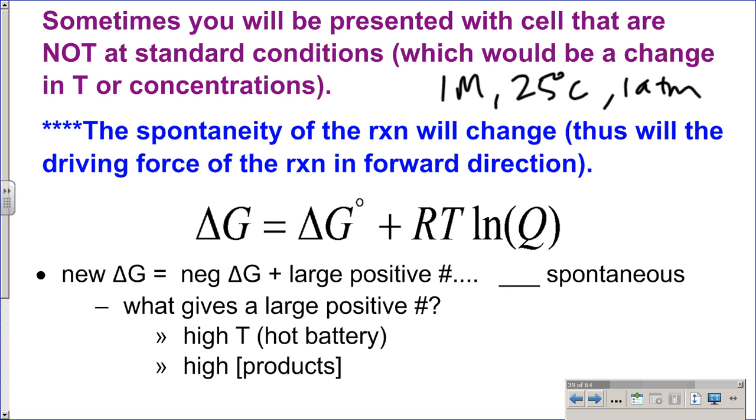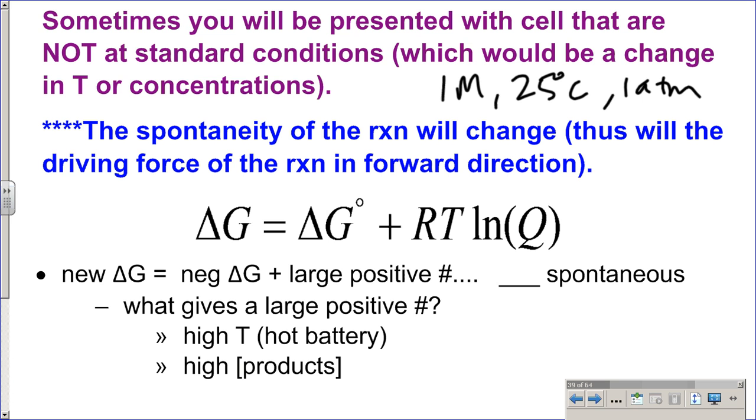So no E naught, it's just E, or E cell. So you have to consider how that is going to influence everything else. If E cell is a really high value, it's going to be really spontaneous. What kind of delta G value? Really negative, like negative 2,000 kilojoules. Not just negative 200 kilojoules, negative 2,000, right?